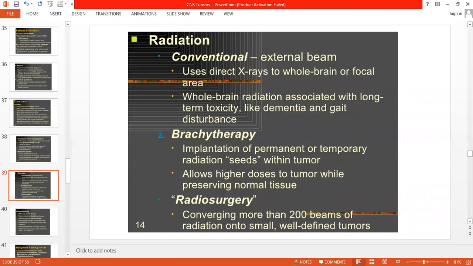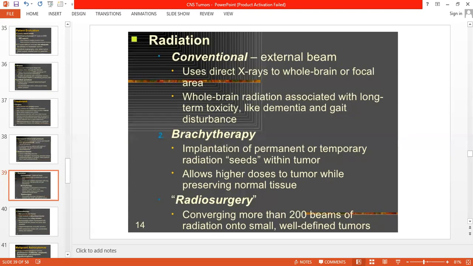If you are hitting the area surrounding a particular structure, the surrounding tissue will also be affected and their signs and symptoms will appear in a delayed fashion. Brachytherapy: implantation of permanent or temporary radiation sheaths within the tumor bed, which allows higher doses to tumors while preserving normal tissue. Now, radiosurgery. What is radiosurgery?